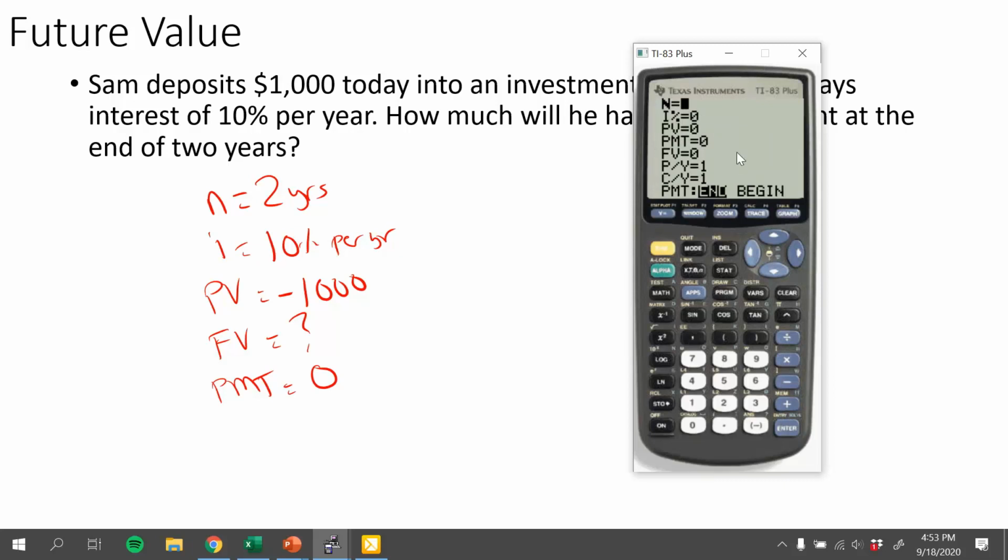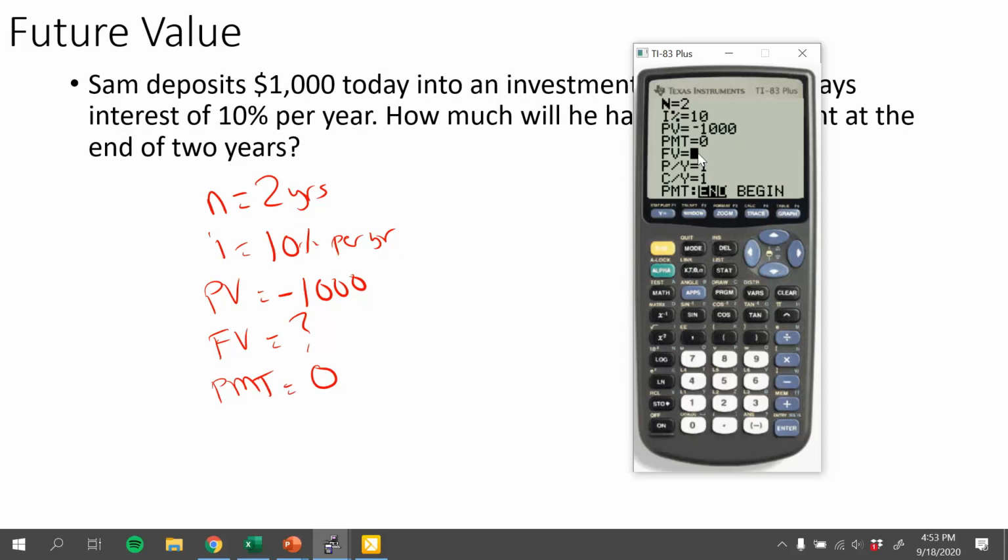And now you'll notice that we have something that looks similar to what we have here on this chart. So I'll just start inputting the values that I already found. N is equal to 2 years. I is 10% per year. My present value is negative 1,000. Since we're depositing $1,000, we're going to have it as negative. We're going to leave PMT as 0, and we're trying to solve for future value.